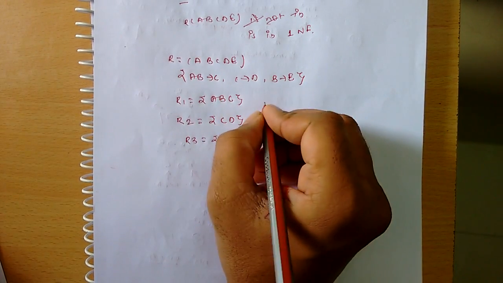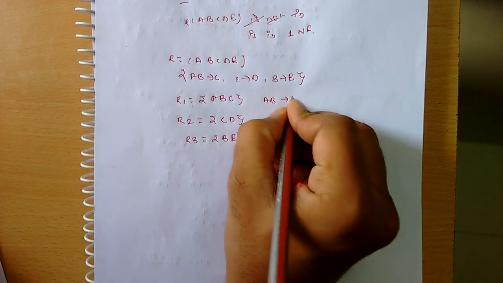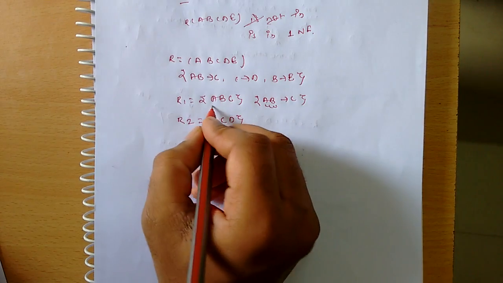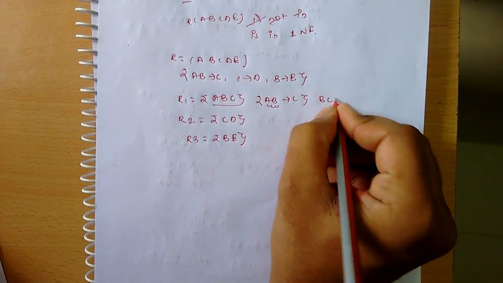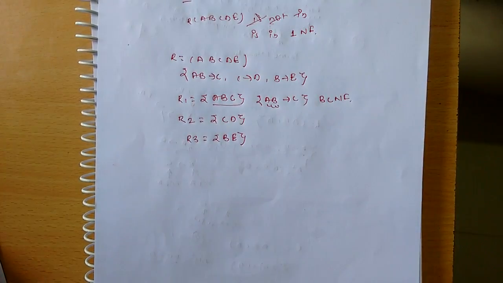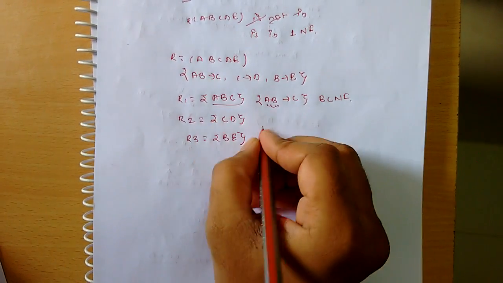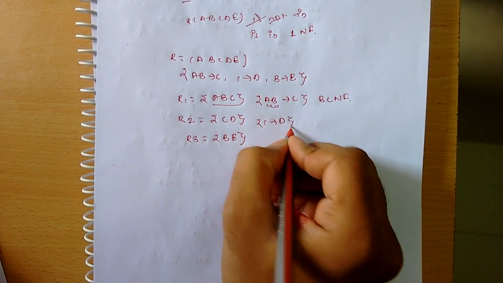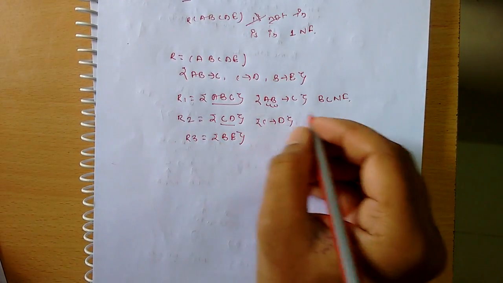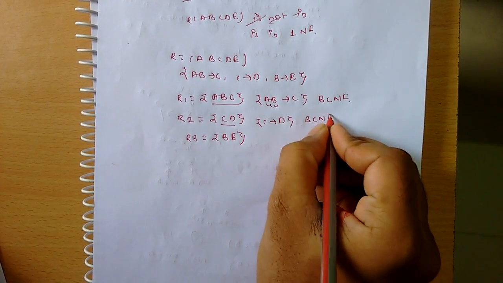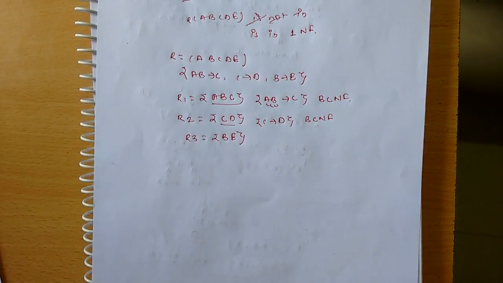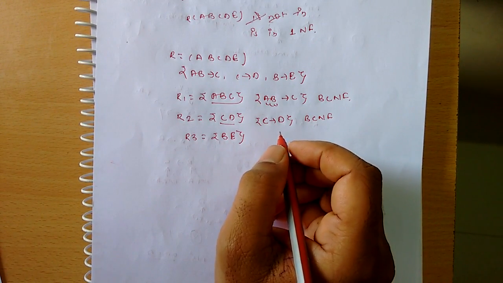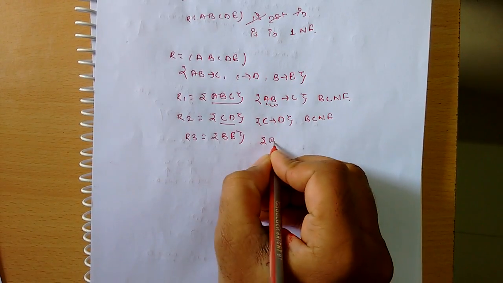Here we can find the functional dependency AB goes to C. AB is a super key, so this relation is in BCNF. This is the functional dependency for this particular relation, C goes to D. It is also in BCNF because C is a super key and we have only one functional dependency here.